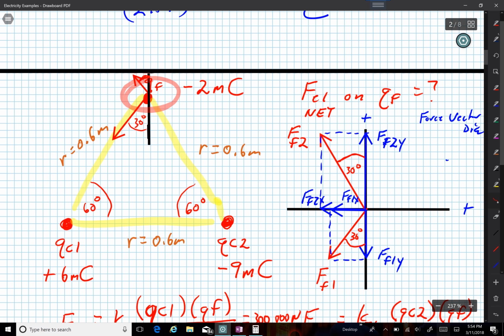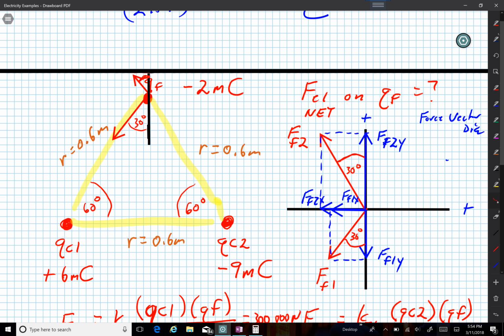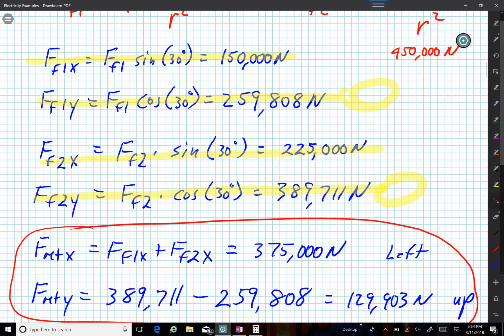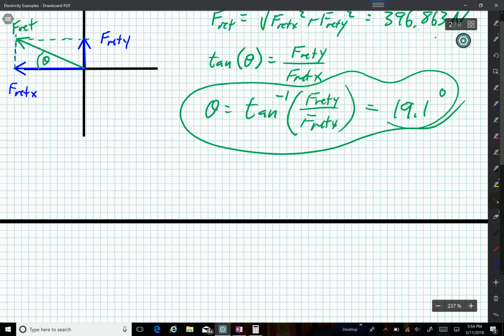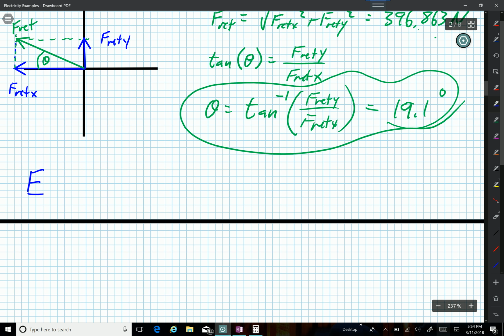I want to know the electric field there. And if you recall the old trick, electric field is electric force divided by QF. Or we'll just be consistent here, little QF.